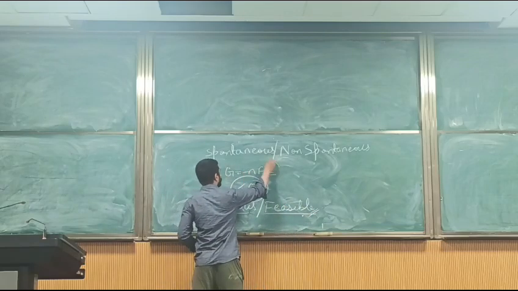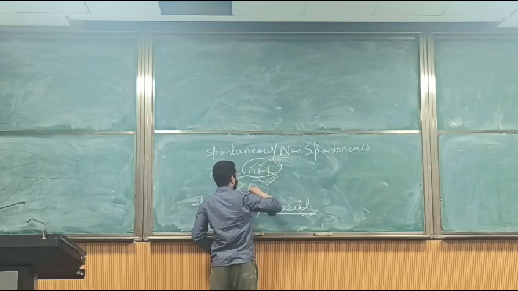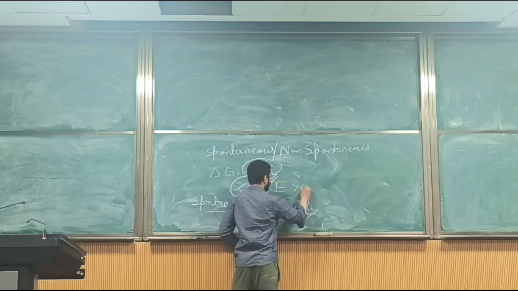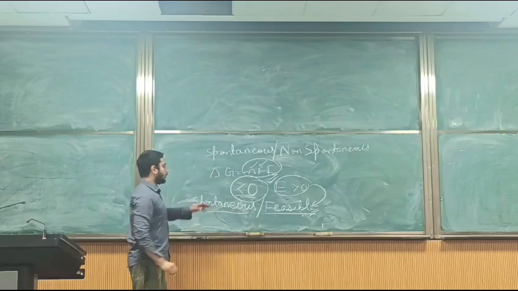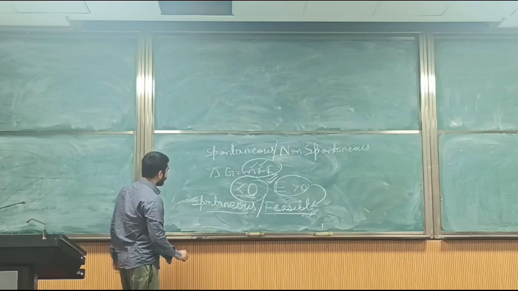It will be negative when the value of NFE is positive, because N is positive and F is also positive. So if E is greater than 0, the reaction is feasible. If the E cell of the reaction is greater than 0, then only the reaction is feasible, or spontaneous.